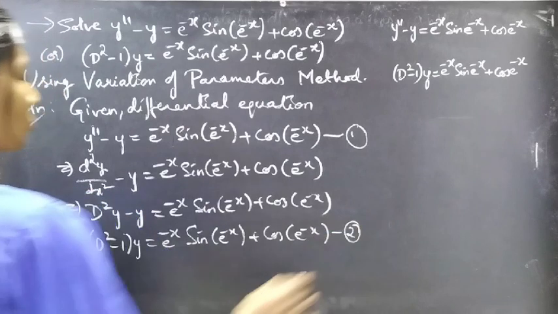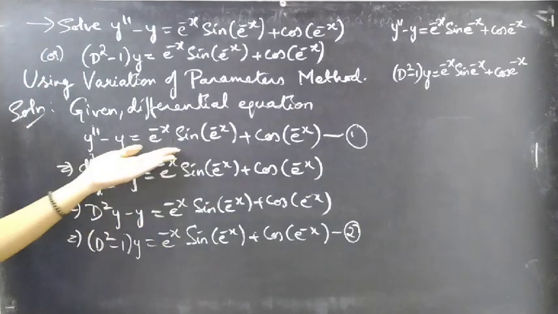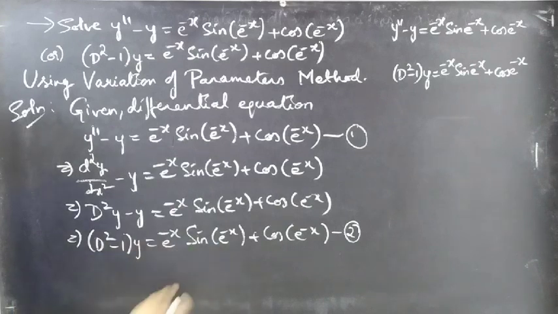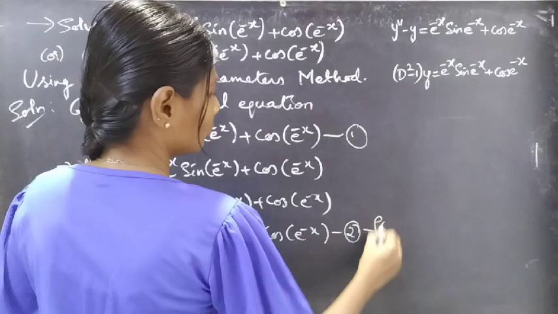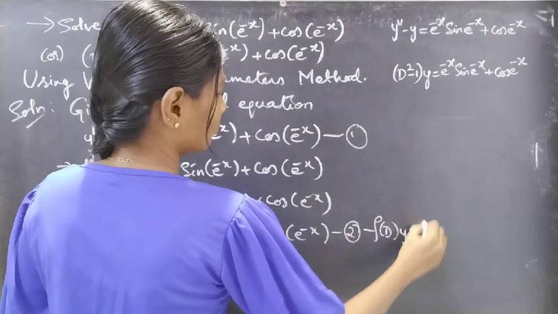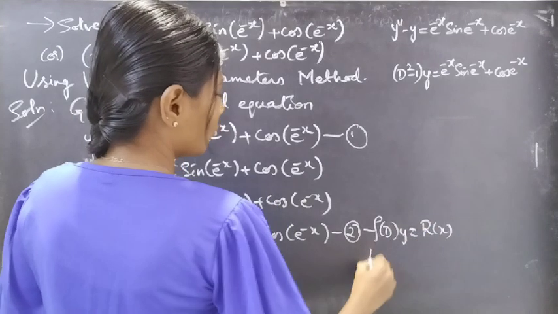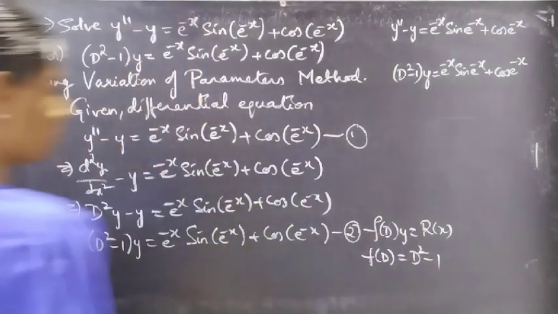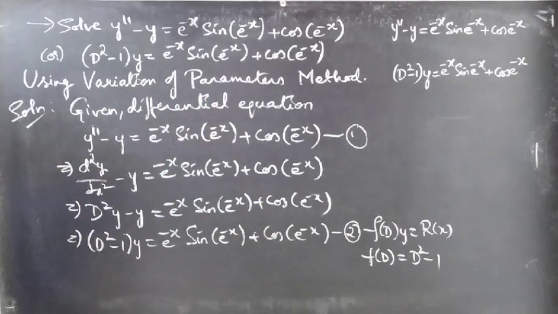Consider as equation 2, which is in operator form. Equation 1 in operator form is equation 2. Say f of d into y equal to some function of x, where f of d is d square minus 1, right?